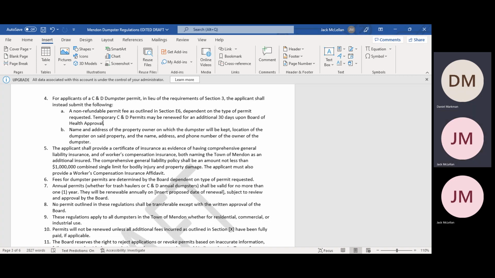But the idea is that once you have an annual C&D dumpster permit, at least the way Northbridge is doing it, they can rent out as many dumpsters as they want. They basically become just like a trash hauler, but limited to C&D dumpsters. Temporary ones are per dumpster for brief periods. So that brief period could be for construction and demolition, right? Correct, only for construction and demolition.